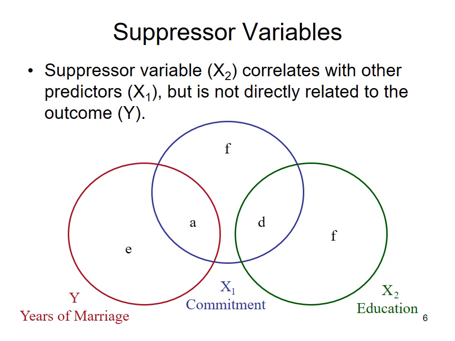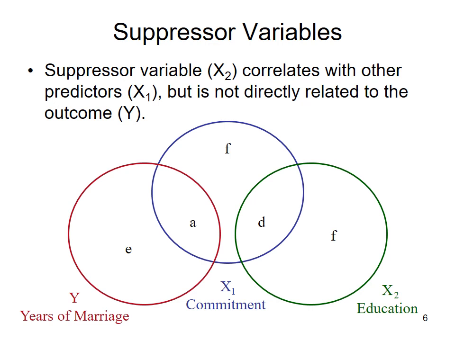The problem here is that the equation has to settle on where it's going to put F. And if it decides to move more towards education as where that unexplained error variance should go, that might pull commitment out of being a predictor of years of marriage, even though it is. So again, in reality, there is a relationship between years of marriage and commitment.